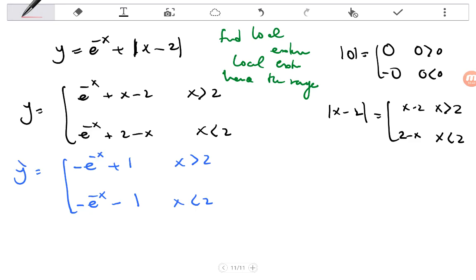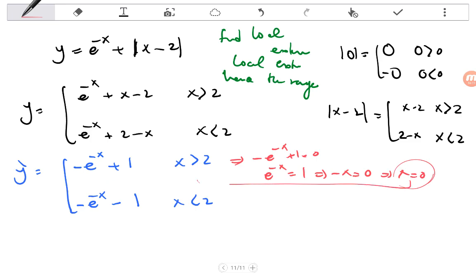I check each branch. Let's check this branch: minus e to the minus x plus 1 equal to 0. This means e to the minus x is equal to 1. Taking ln of both sides, minus x is equal to 0, so x equals 0.